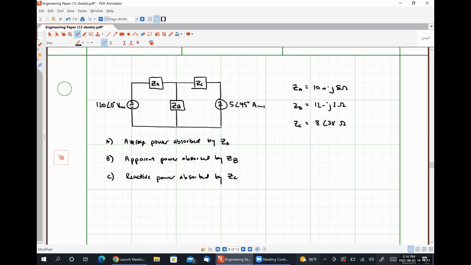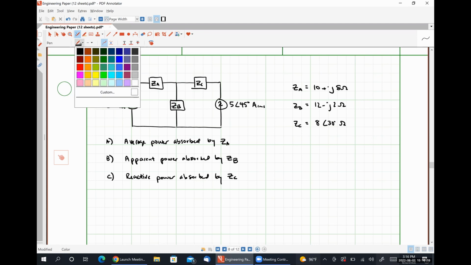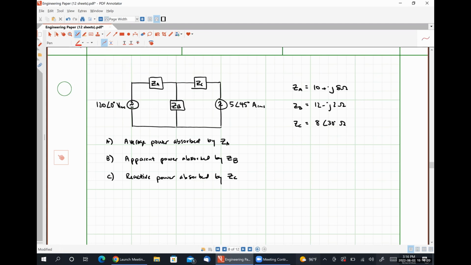So in order to solve for these three quantities, we need to know either the RMS phasor voltage across impedance ZA or the RMS phasor current flowing through ZA or both.